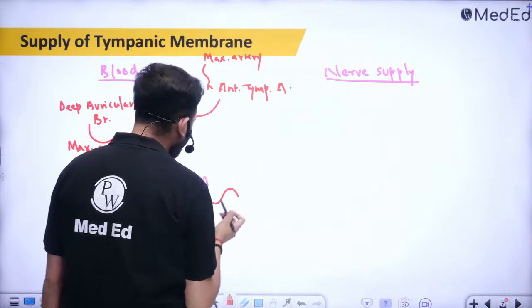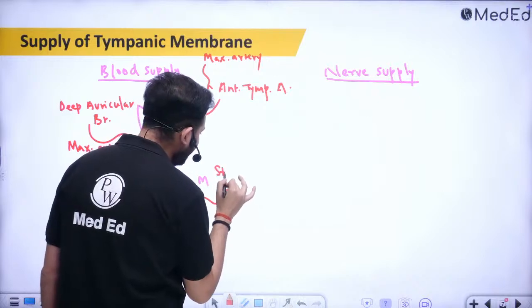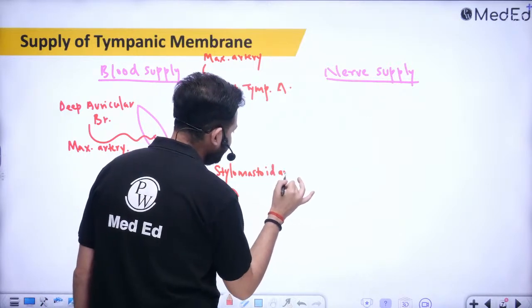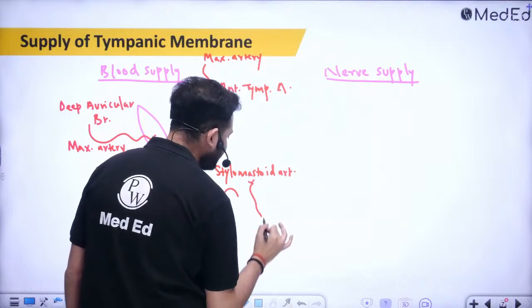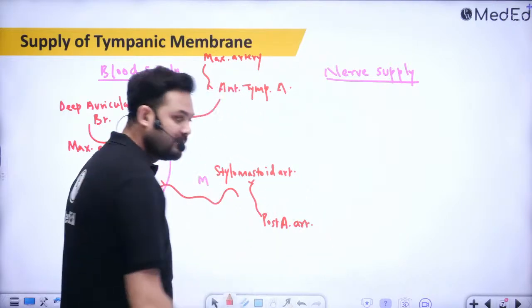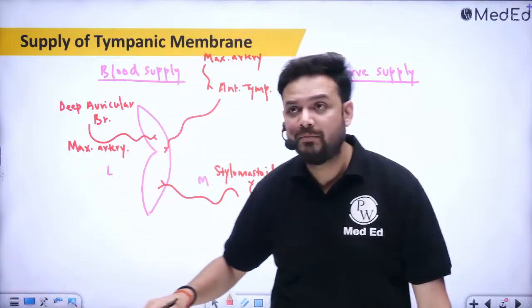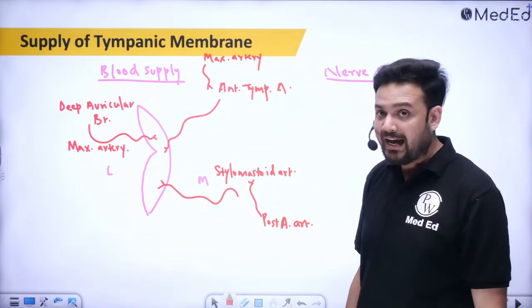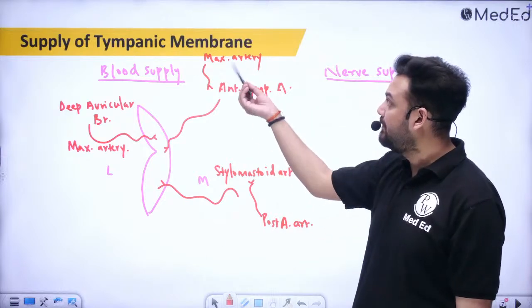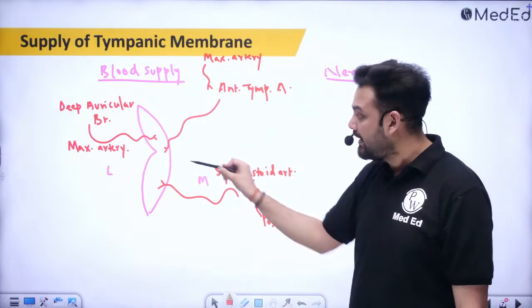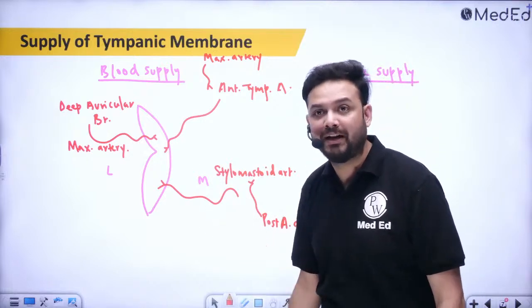Okay, and then I told you there is another branch which is called the stylomastoid artery, which is a branch of the posterior auricular artery. Okay, same things we read in the middle ear. So the stylomastoid branch of the posterior auricular artery as well as the anterior tympanic artery, which is a branch of our maxillary artery, is going to be the supply on the medial surface of my tympanic membrane.